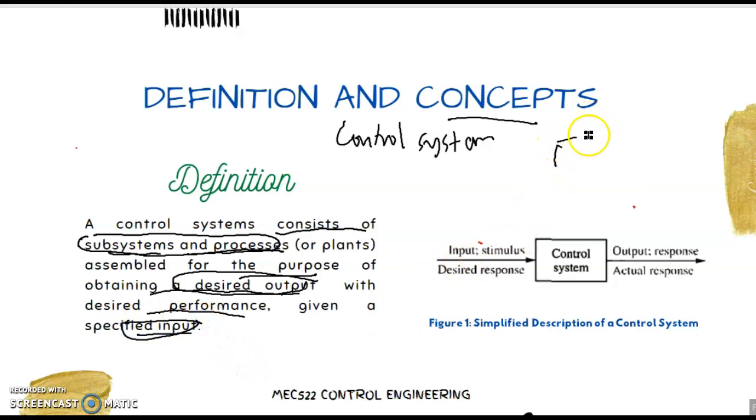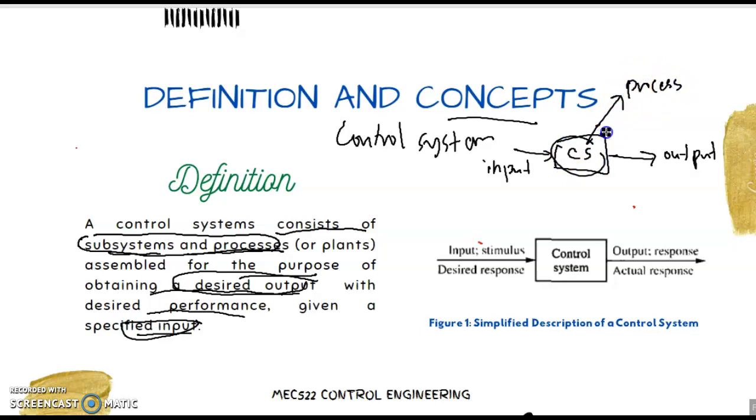So this is the control system, and it has an input and an output. The one in the middle, the control system, is either a process or a subsystem. We call this a block diagram.